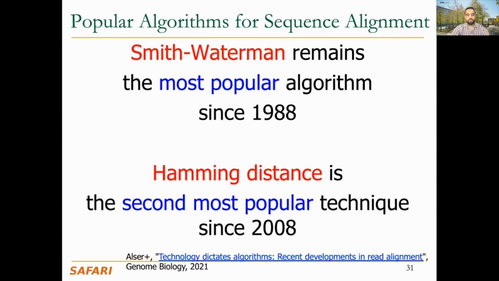This is an algorithm made for error correction or error detection in communication by Richard Hamming, a very famous scientist. But they use it to find substitutions because one of the alterations happening to our DNA is substitutions, right? Some characters can be changed from C to G and it will cause something, either a phenotype or a disease. People are still using Hamming distance, which is very cheap to compute, unlike Smith-Waterman, for example.